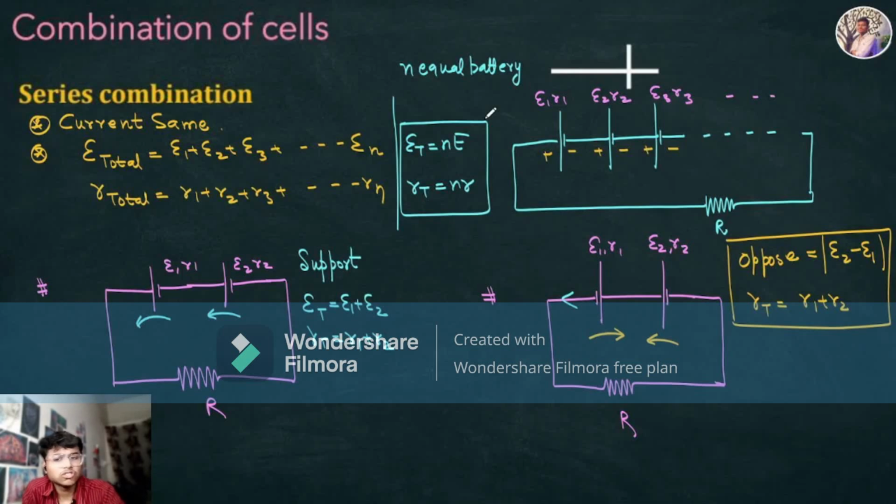This is like a combination of cells. In the series combination, we all know the potentials and internal EMFs add, and resistances add.